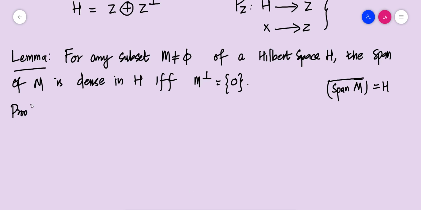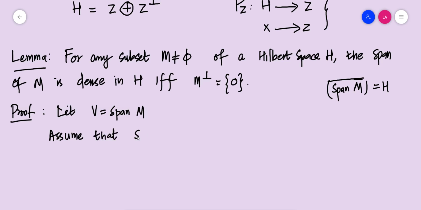Proof. Let V be equal to span M. Assume that span M is dense in H, that is, V closure is equal to H. We have to prove that M perpendicular is equal to {0}.